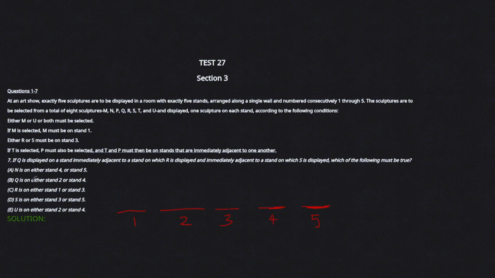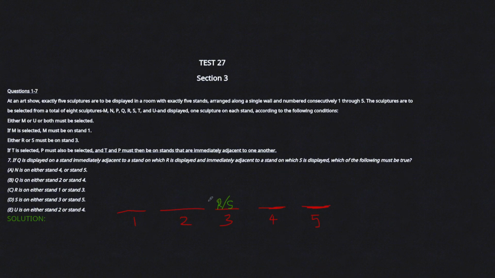We know that one of R or S has to be at number 3. The question says, if Q is displayed on a stand immediately adjacent to a stand on which R is displayed and immediately adjacent to a stand on which S is displayed. So by that, we can understand that Q is in the middle of R and S.